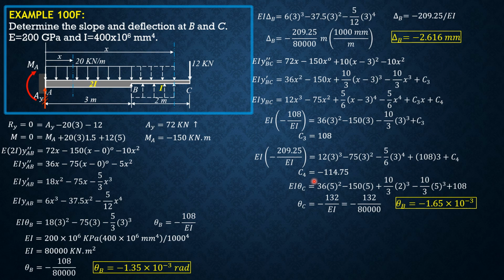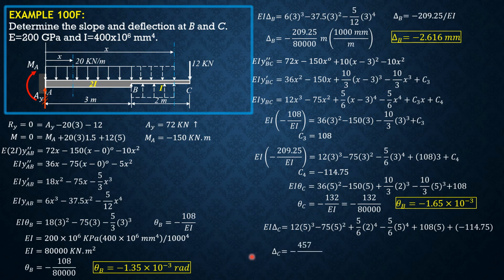Then finally for delta C, in this equation x is 5 and we already found c sub 3 and c sub 4. So EI delta C equals 12 times 5 cubed minus 75 times 5 squared plus 5 over 6 times 2 to the fourth minus 5 over 6 times 5 to the fourth plus 108 times 5 plus negative 114.75, c sub 4.